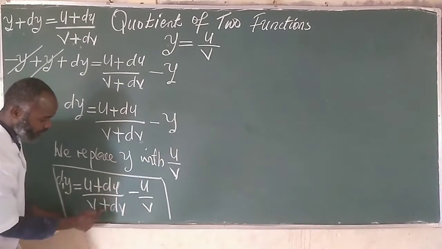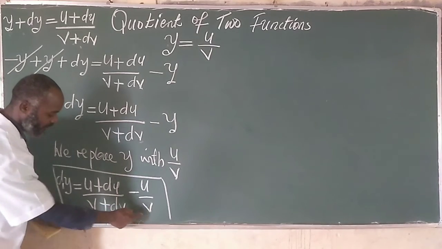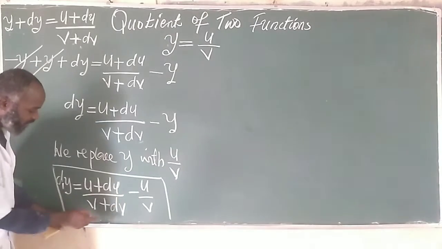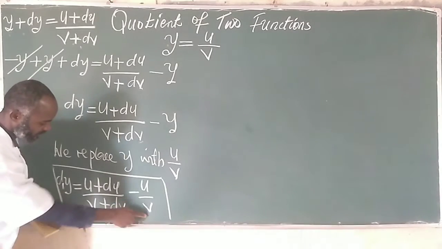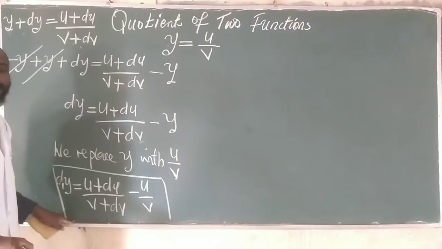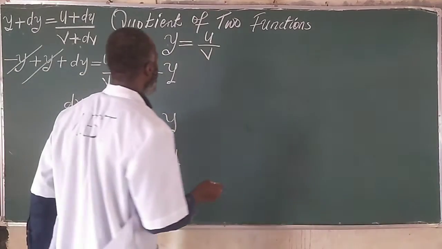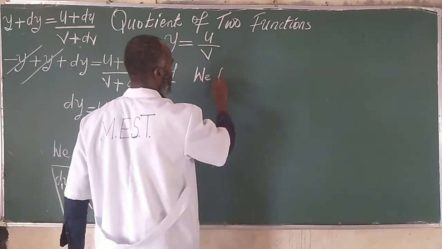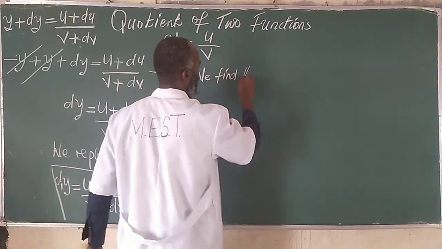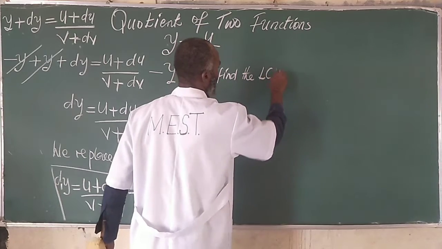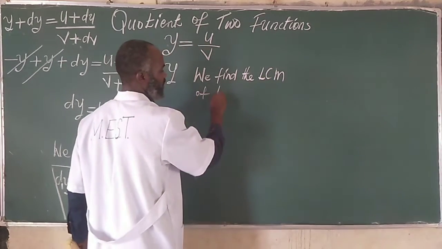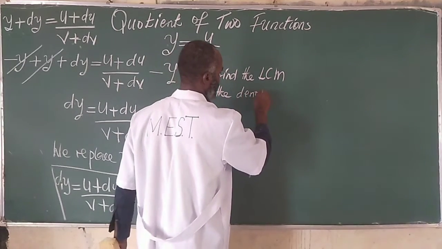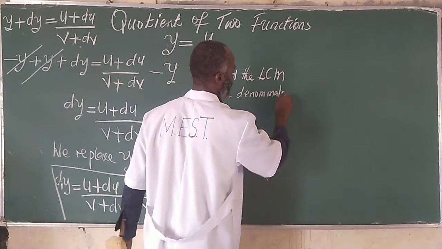Look at this. We need to find the LCM of the denominators, the two denominators. So let's see how the LCM plays out. We find the LCM of the denominators, so that will help us to understand this further.